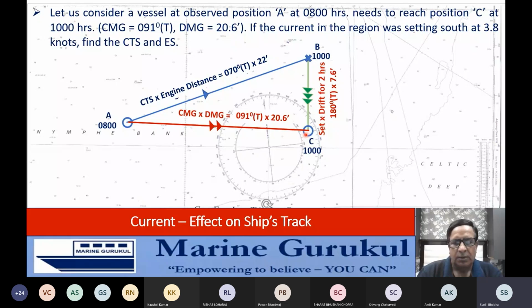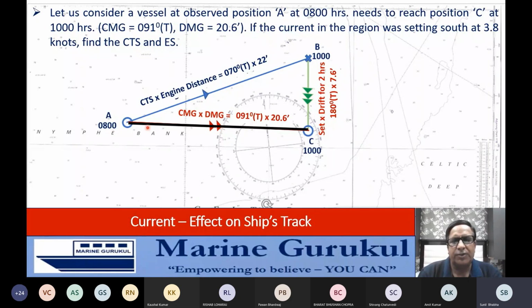Now, the vessel wants to reach from A to C, highlighted by this black line, and this is your track over the ground, or the CMG and the DMG vector represented by 2 arrows. Now she experiences current setting south at 3.8 knots.